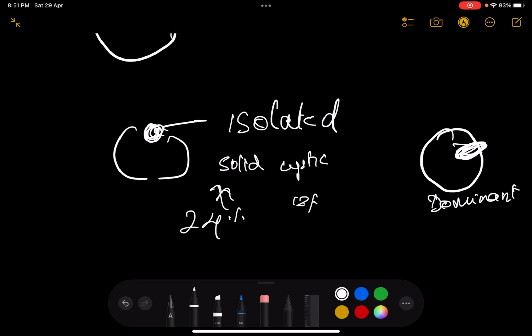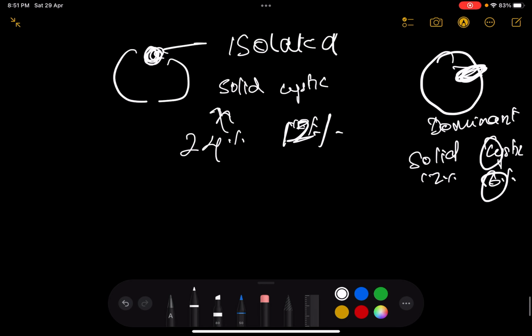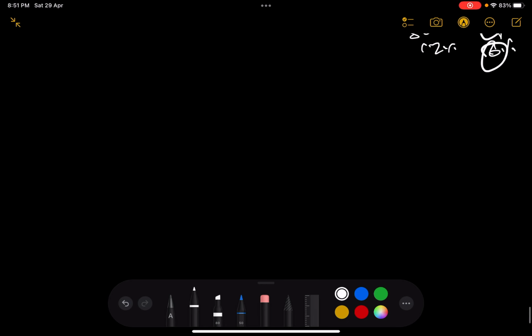Then a solid nodule has a 12% malignancy risk, and if it's a cystic dominant nodule, it's only 6% malignancy. So cystic, cyst, sounds very similar, kind of an alliteration. That's the only important thing.